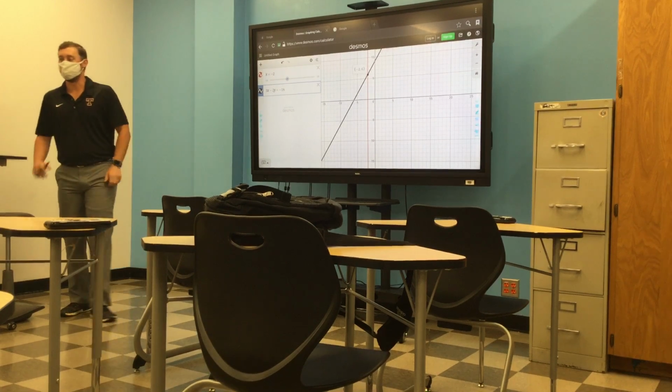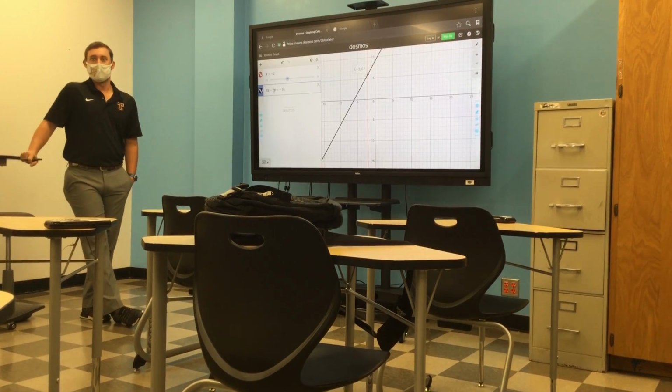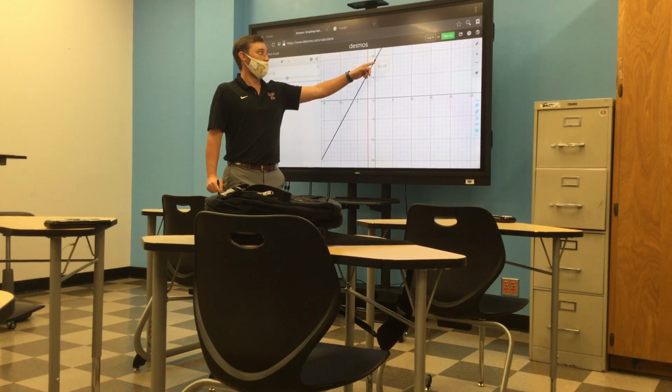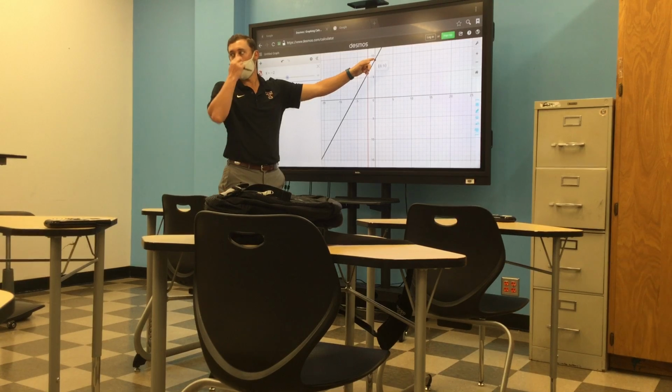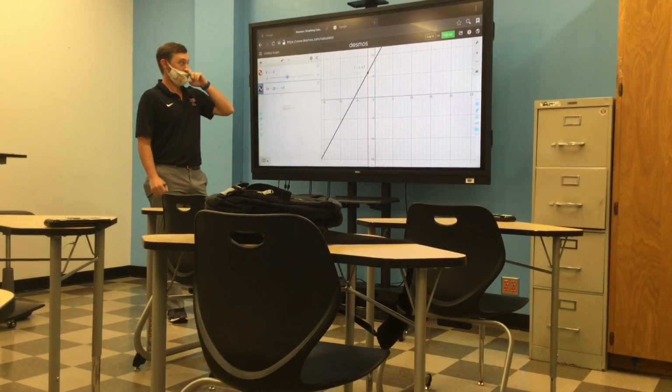I thought that other black line was our line that was drafted, but it wasn't. Since I clicked on it, what does this point represent? A y-intercept. That's a y-intercept, and this is your solution.